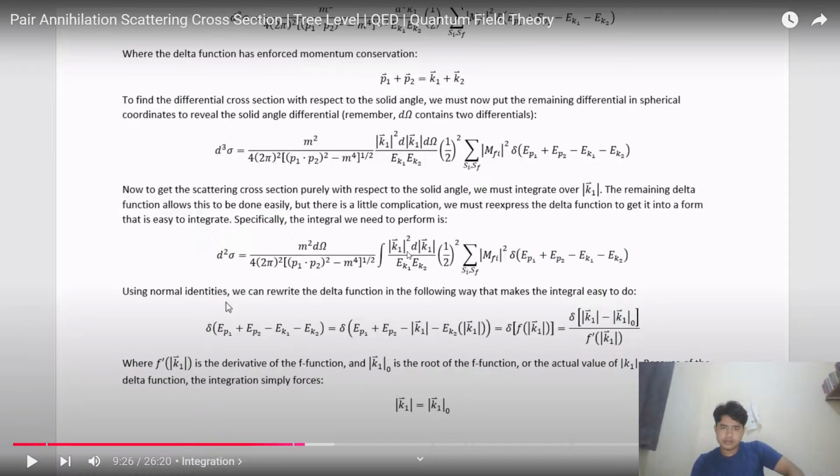Using normal identities, we can rewrite the delta function the following way that makes the integral easy to do.